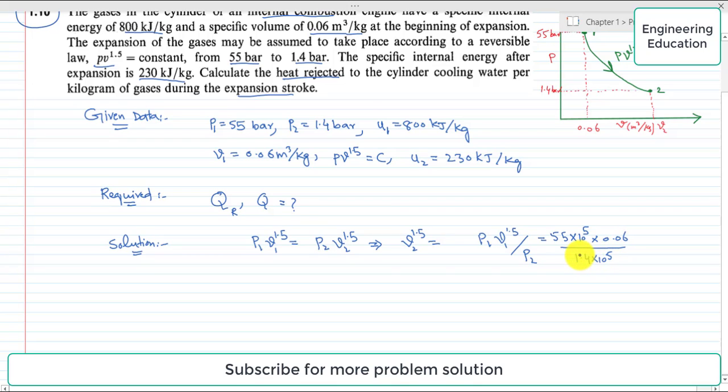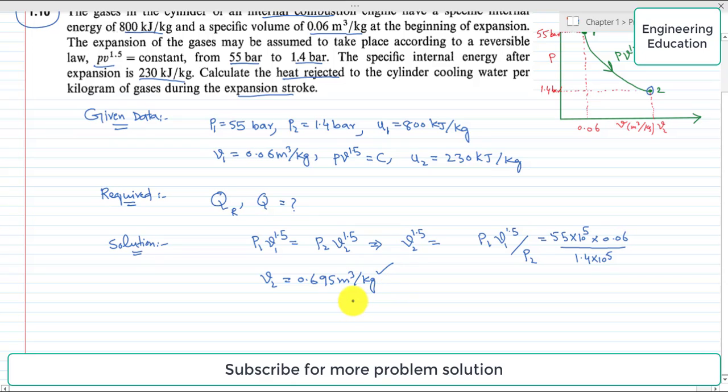Simplifying this and solving for V2, we get the value of V2, which is 0.695 cubic meter per kilogram. So this is the value of V2 at state 2.